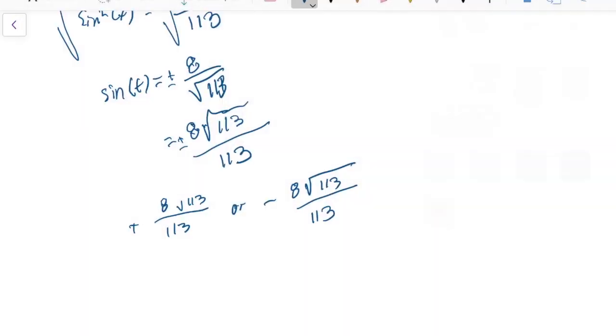So which one do you guys think is the answer? Positive or negative? It's the negative sign.